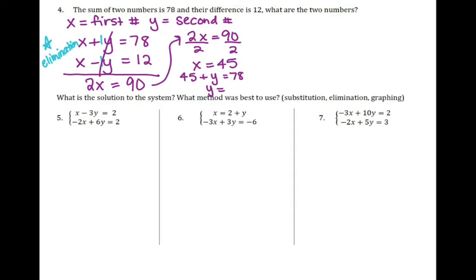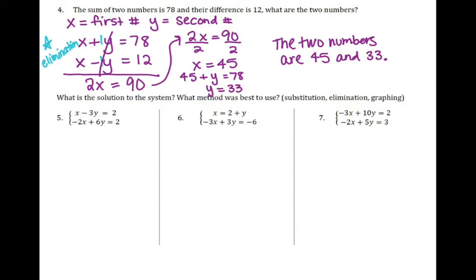So I can subtract 45 from both sides, and I get y equals 33. So the two numbers are 45 and 33.